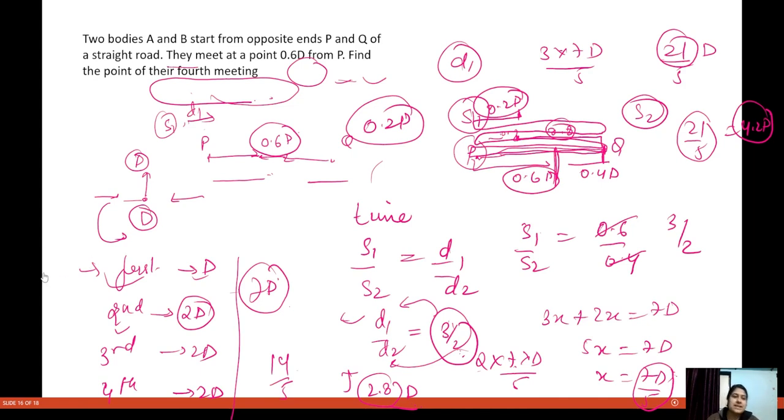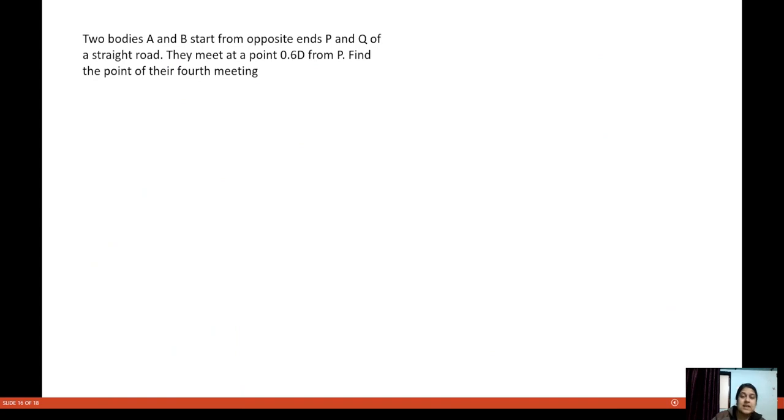So I hope everybody is clear with this question, how we did this. Listen carefully to what we did here. When we were studying the cases, we came to know that whenever they travel towards each other, at their first meeting point both of them have covered the distance d.